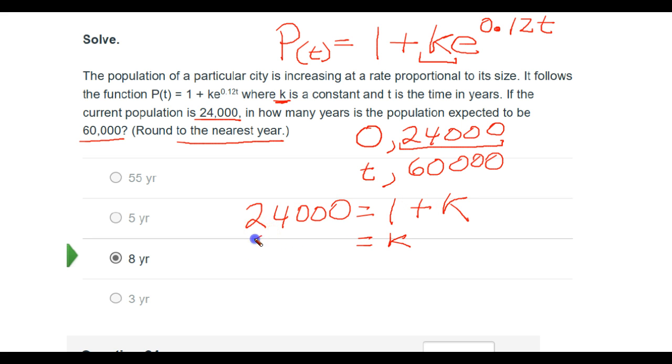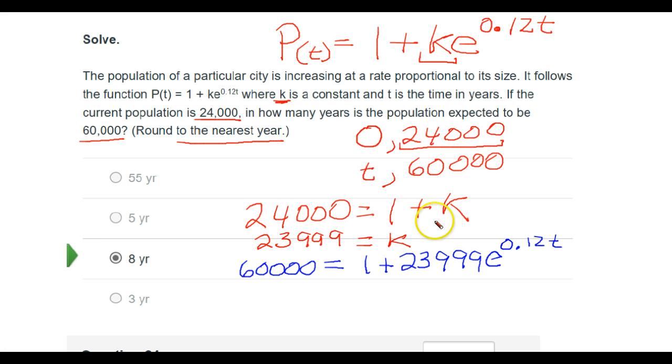This just becomes 23,999. Well, we now have a value for k. What do we do next? Well, we're going to replace in our original formula our value of k.